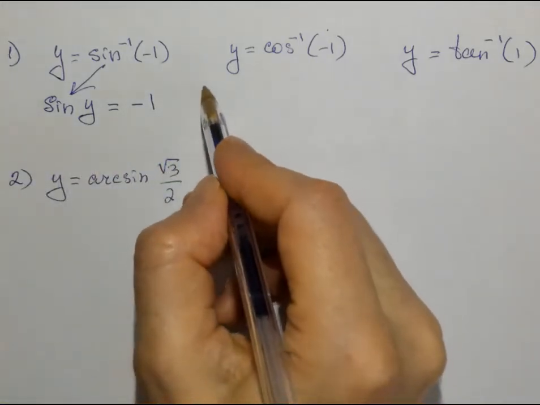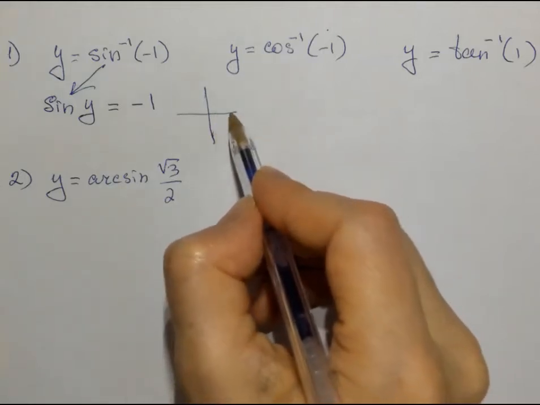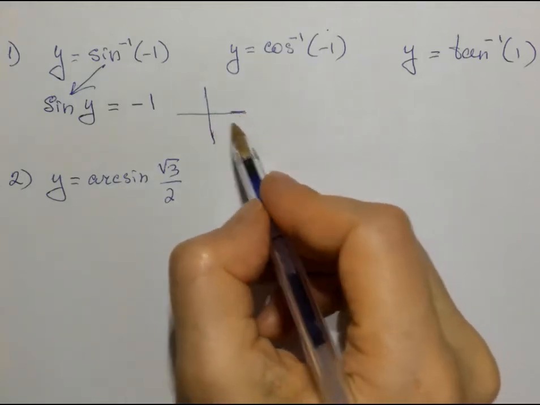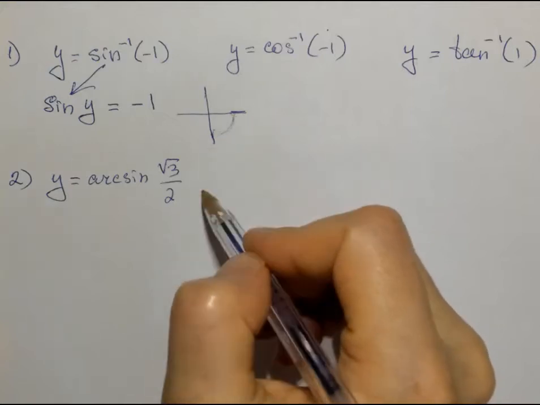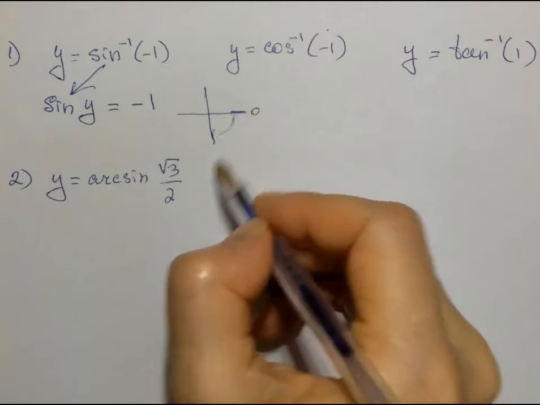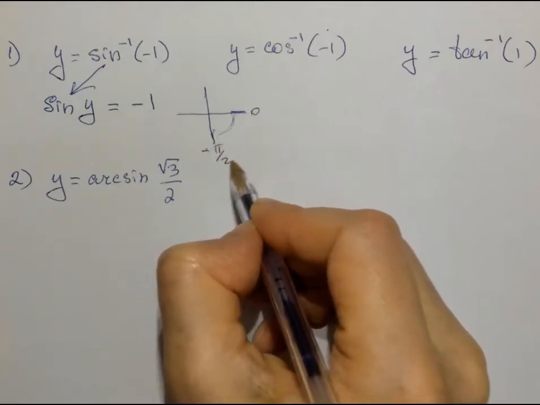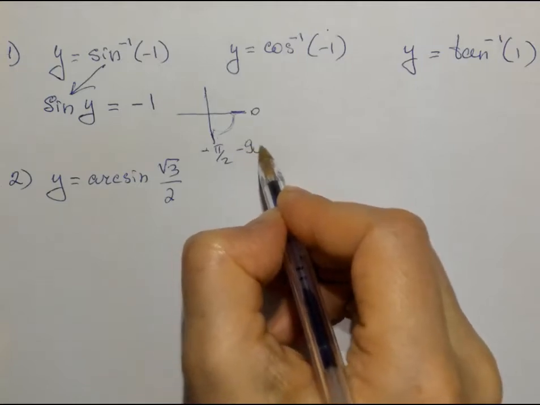So, you should remember that negative sine inverse is from the fourth quadrant, and it is from 0 to -π/2 or from 0 to -90 degrees.